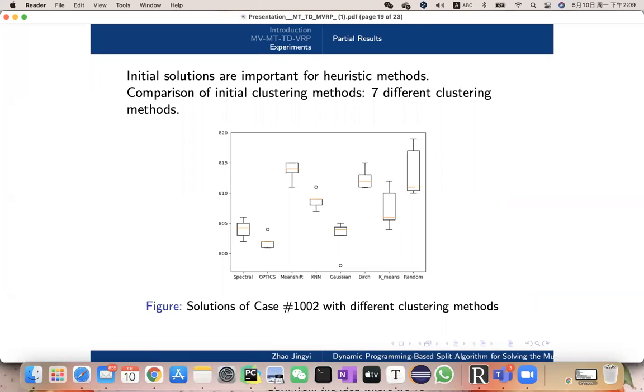So we try different initial clustering methods for the memetic heuristic method.